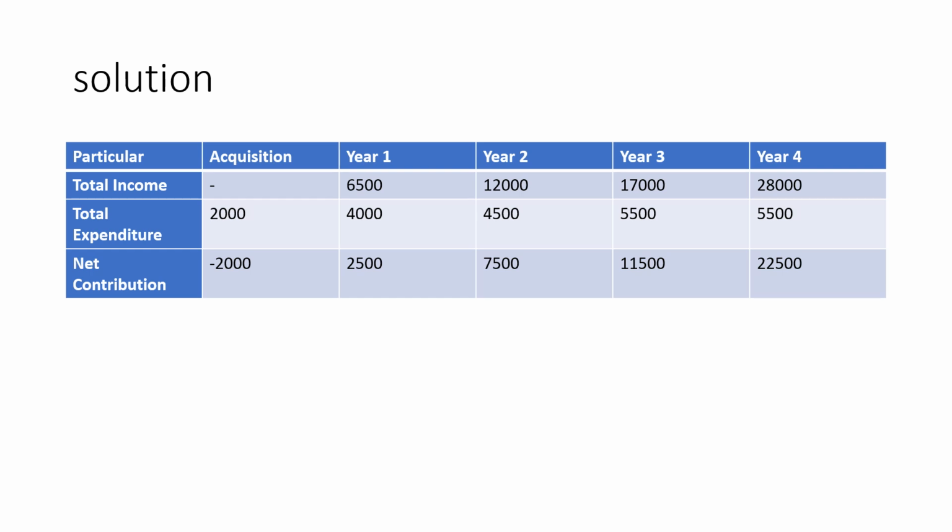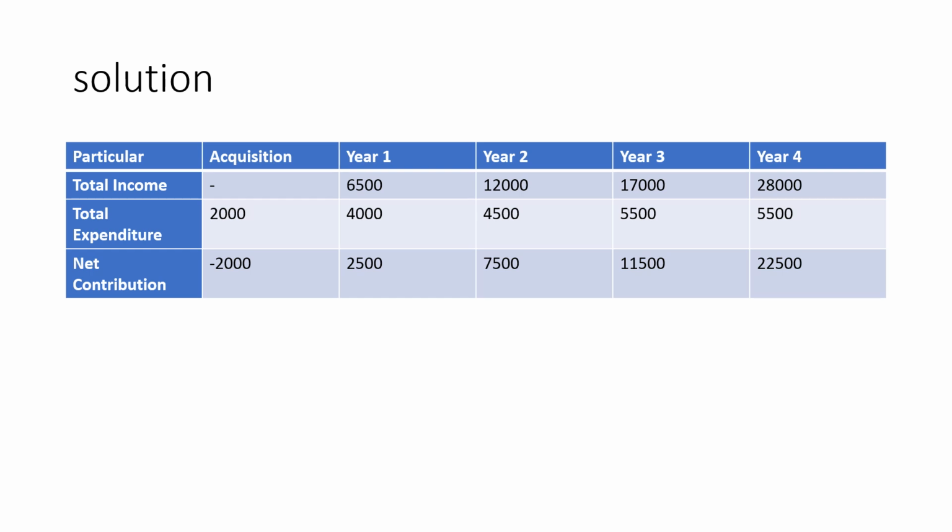When we subtract the total expenditure from the total income, we get the net contribution. That is why in the acquisition year we have minus 2000, because we had no income but we had an expense.